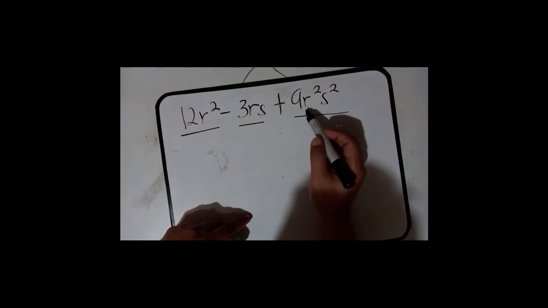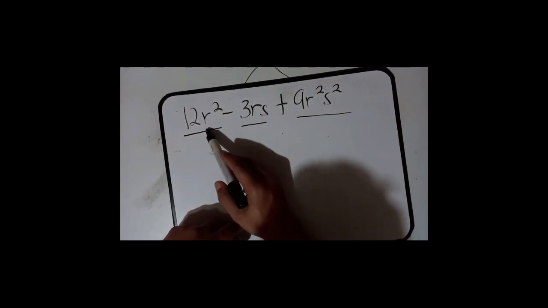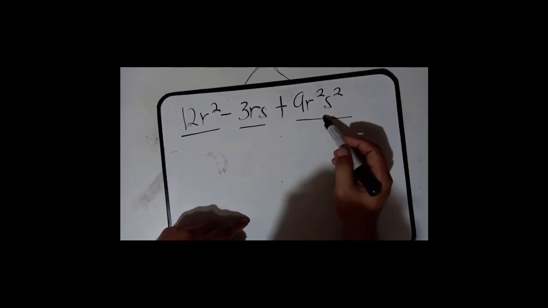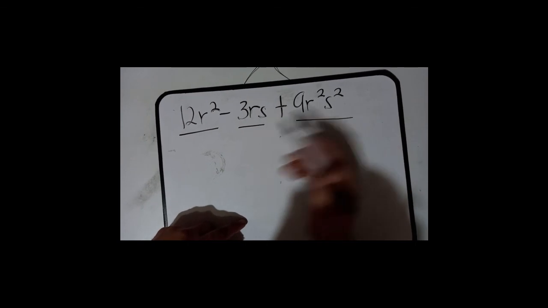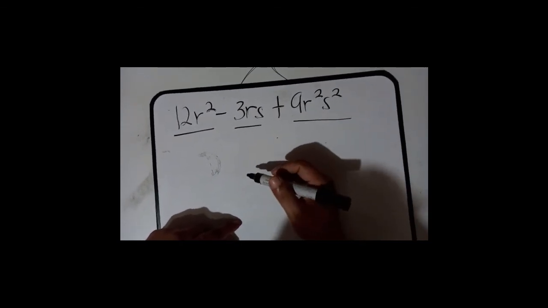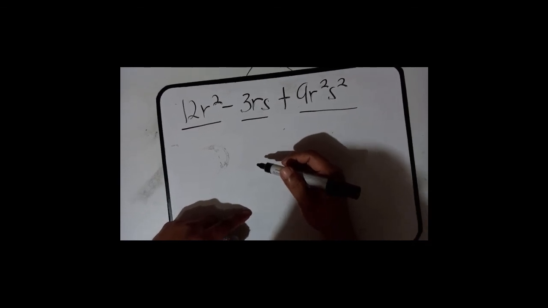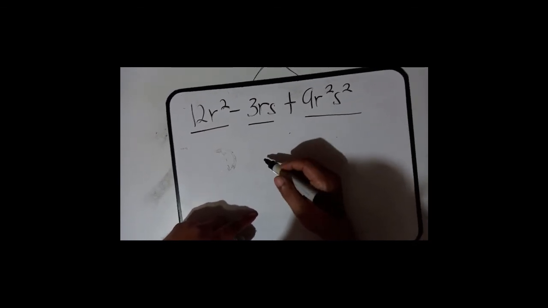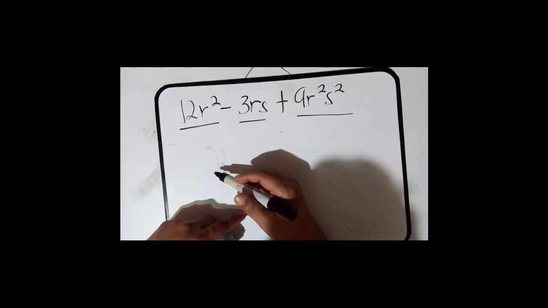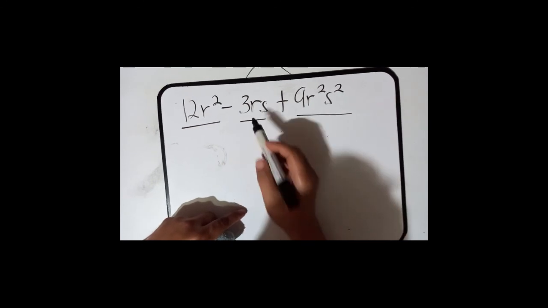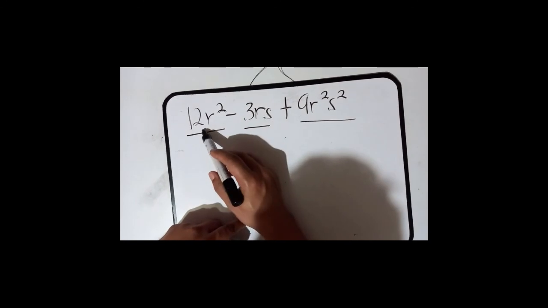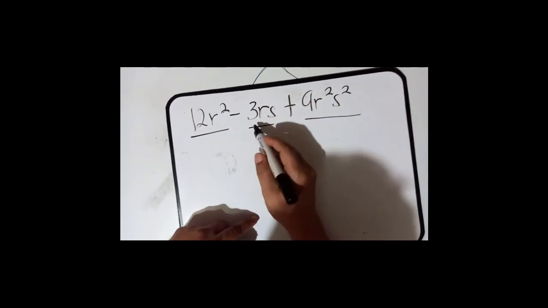Each term has a coefficient. The first term has 12, the second term has 3, and the third term has 9. So all the terms have their coefficient. All right, so now let's identify the greatest common number for all the terms. Okay, so maybe 3, because 3 is a factor of 12 and also a factor of 9. So we can get 3 here.